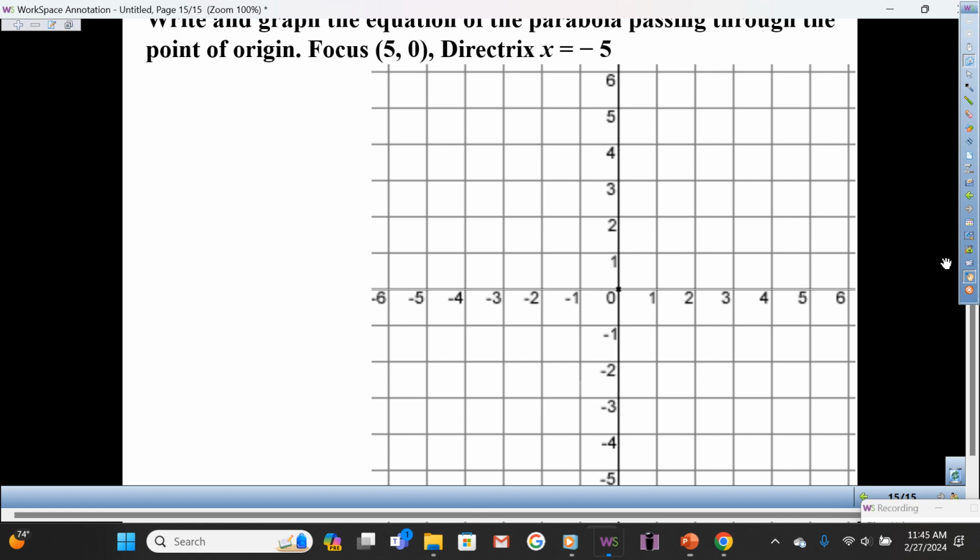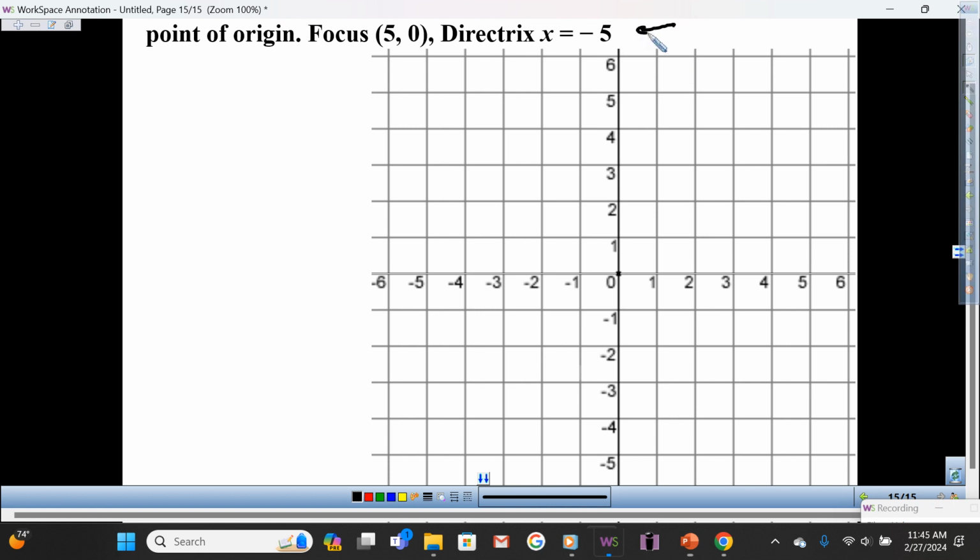So, turn to your neighbor, let them know what equation you're going to write for that one by looking at the directrix. Jacob, what am I going to write for the equation? Hands, if you got that? That is correct. Let's continue.